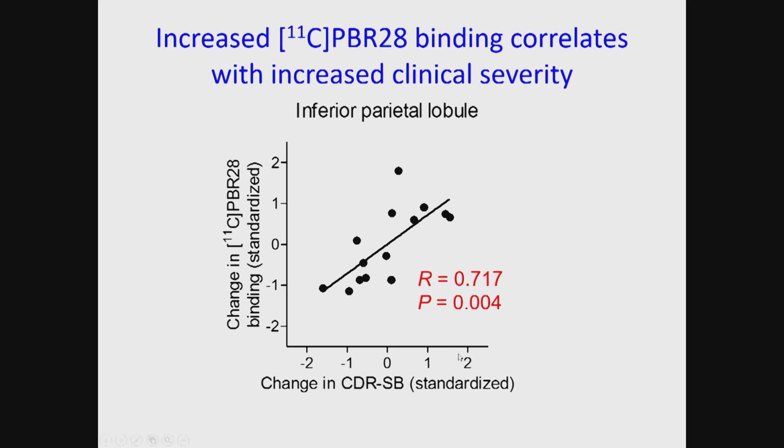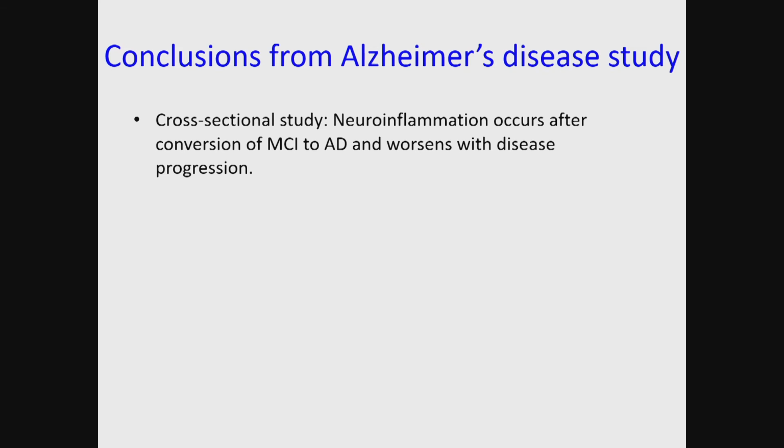The amount of increase in the PBR28 binding correlated with the amount of increase in clinical severity, with the change of this cognitive marker, the sum of boxes squared. And the correlation was really quite strong. So this would suggest that neuroinflammation is a biomarker of disease progression. To summarize, in the cross-sectional study, in which everybody got one PET scan, neuroinflammation occurs after the conversion of MCI to AD and worsens with disease progression.